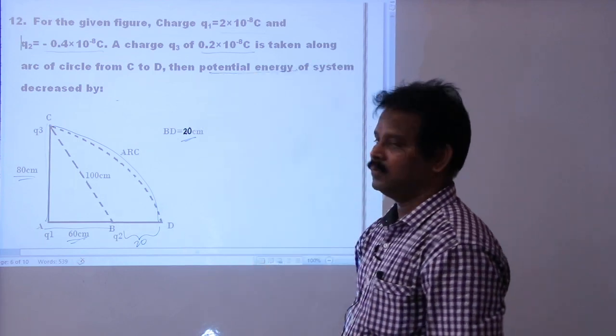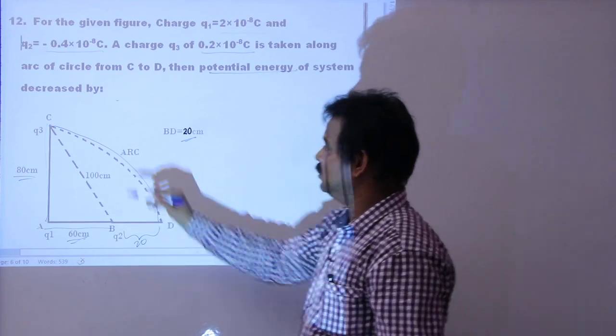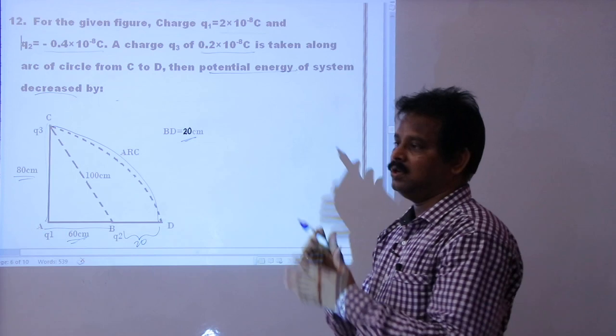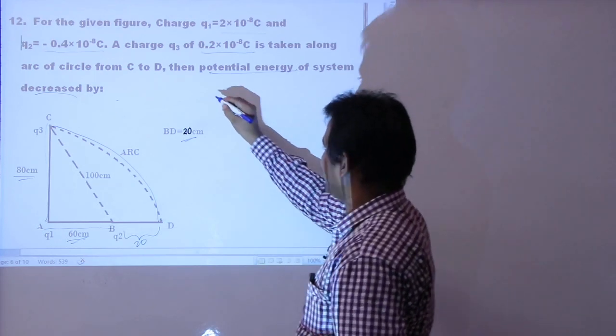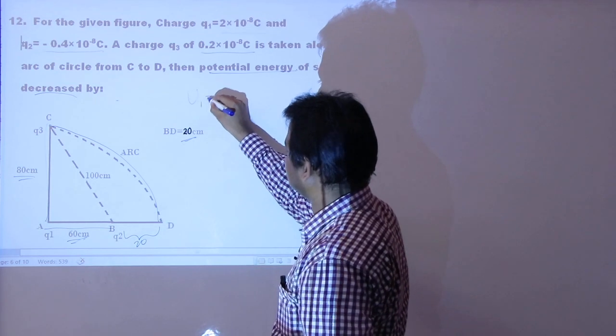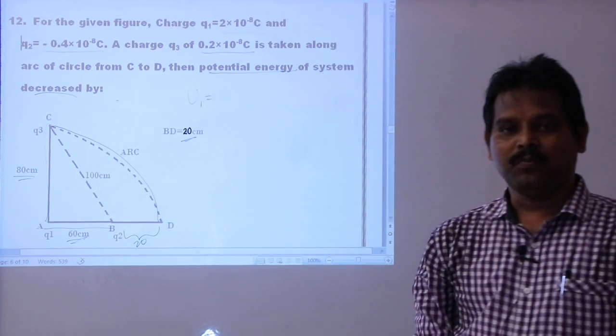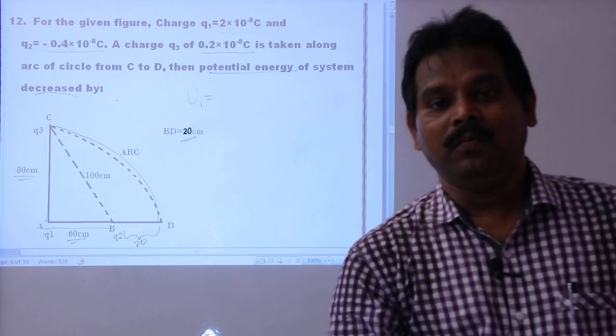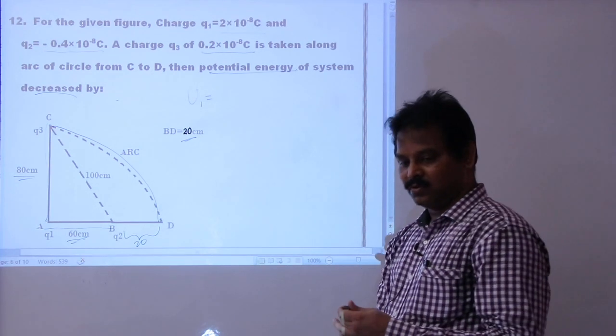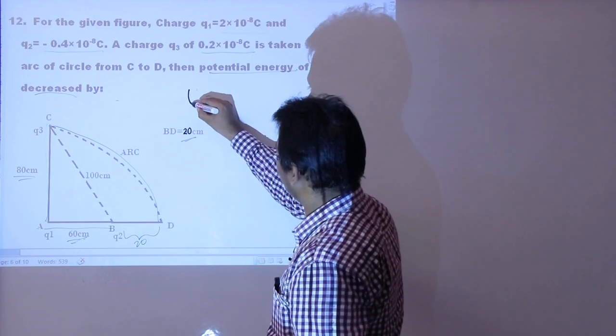Now what happens to the potential energy of this system? They are telling us that this is decreasing. So how much will the potential energy decrease in this problem? First let me find the initial potential energy of the system. In this case, the potential energy is given by 1 by 4 pi epsilon naught times the product of the charges by the distance between the 2 charges.